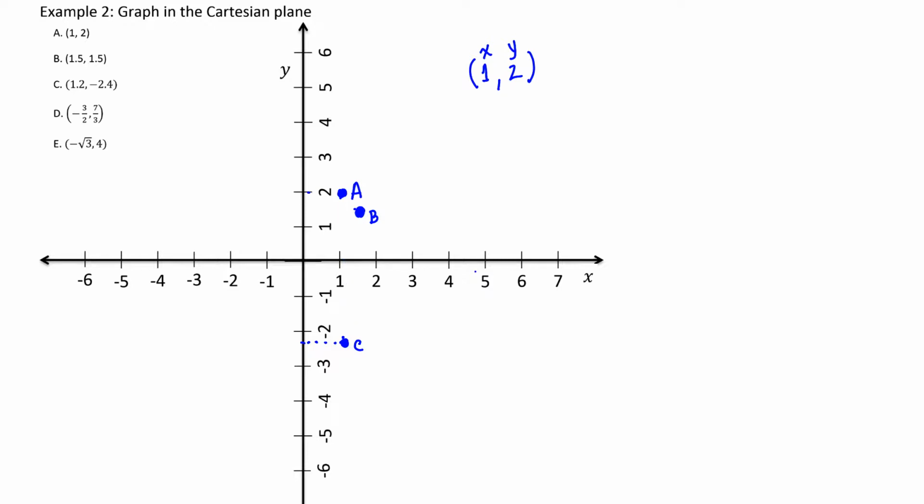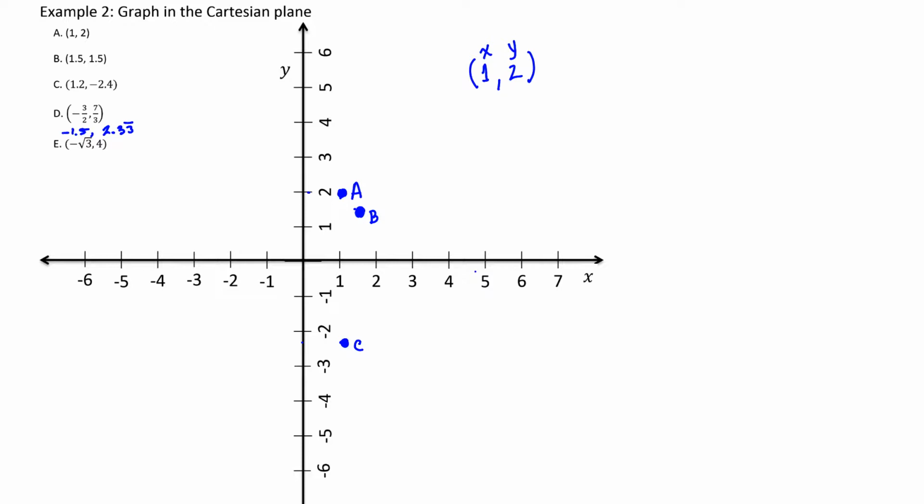Okay, notice that I went down because we had a negative number. Those directions still technically apply. For negative 3 over 2, you're going to get a decimal. So negative 3 over 2 is equal to negative 1.5. And 7 over 3 is going to be equal to about 2.3 repeating.